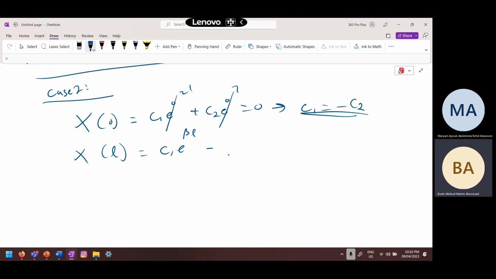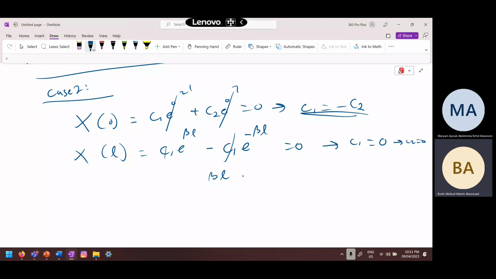Because you see, from the first boundary condition, negative c1 e to the power negative beta L equals 0. Now try solving this. The only way that this solution can be correct is when c1 is equal to 0. Hence c2 is equal to 0. Try solving it. You cannot. If you cancel the c2 and you add ln for both sides, you will end up with beta L.